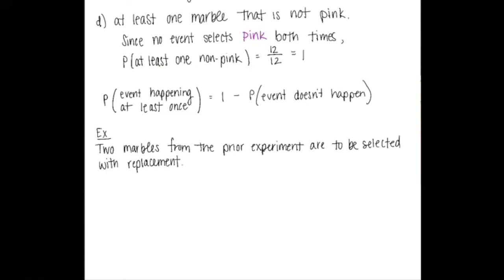So I've got those 2 words, with, without. For with replacement, I've got all 4 marbles in. Pick one out, look at the color, pop it right back in the bag. It can be selected again.